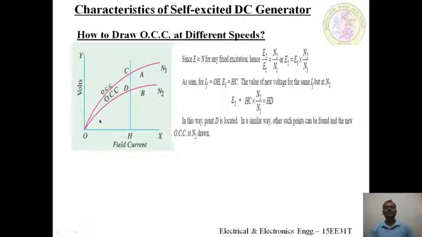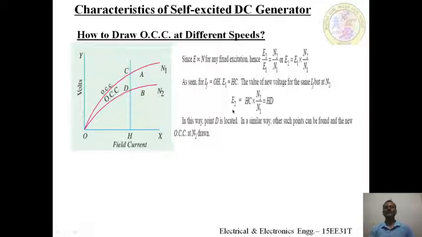From this curve, that is the OCC for N1, for field current IF the value is OH, and the value of E1 is HC. From this, we can get the new value of induced voltage E2 at speed N2.